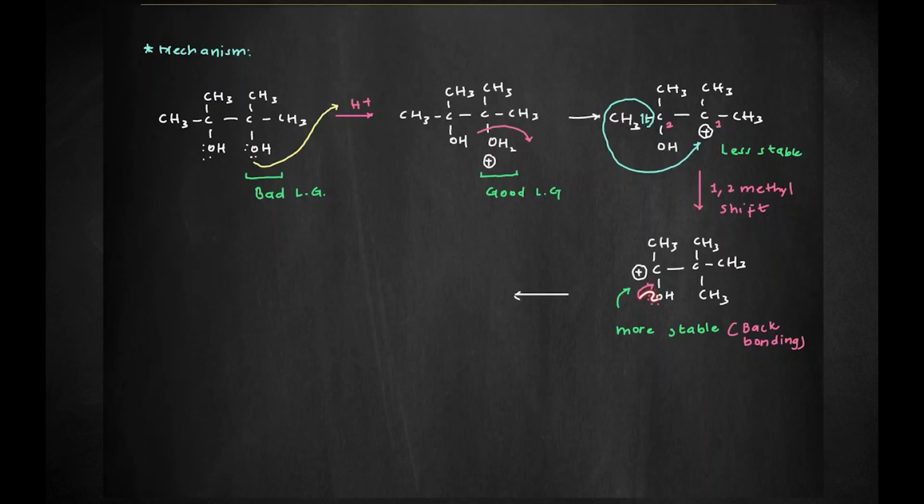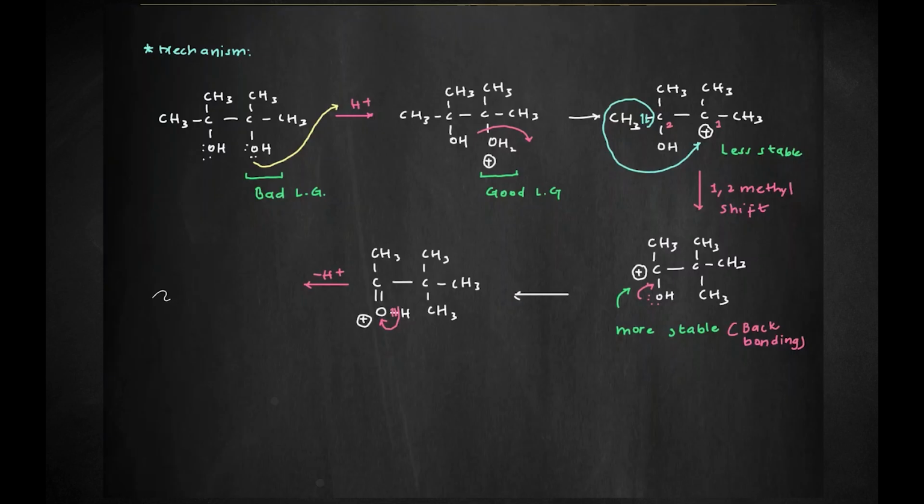As this oxygen will give electrons here, a carbon double bond oxygen bond will be formed here. The rest of the compound will be as it is, and in the last step deprotonation will occur. That is, these 2 electrons will be shifted to oxygen and H plus will be removed.